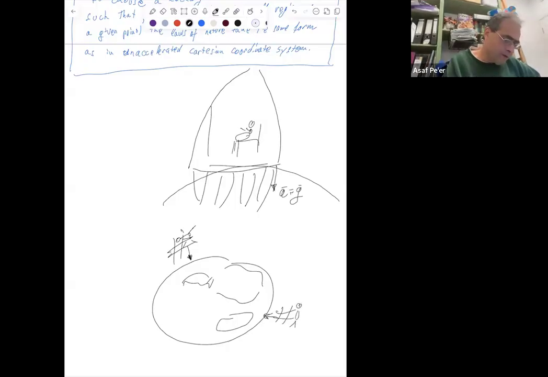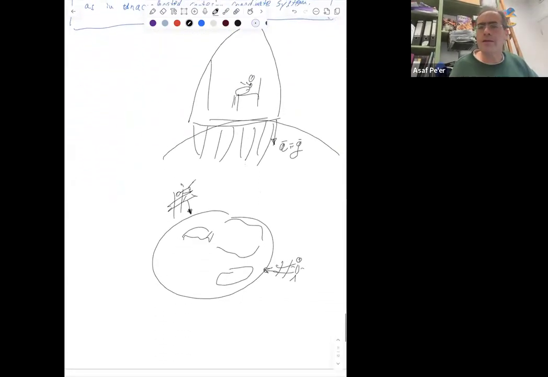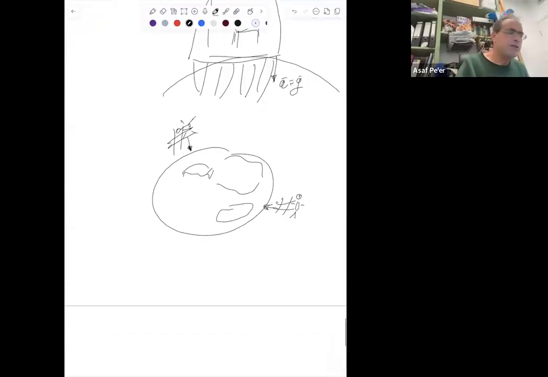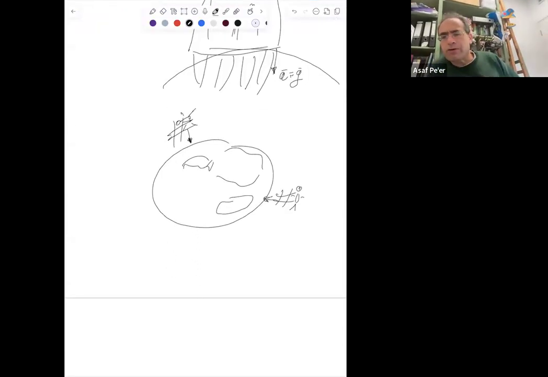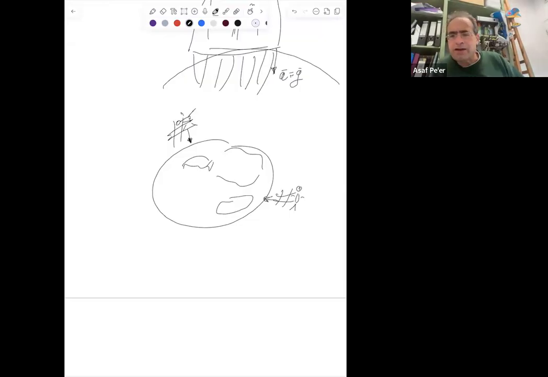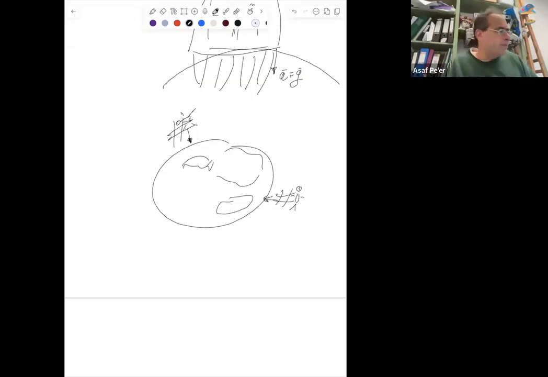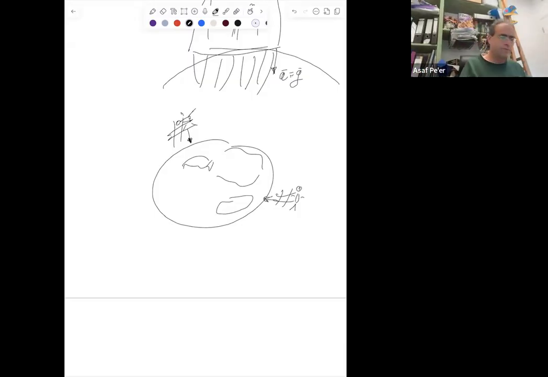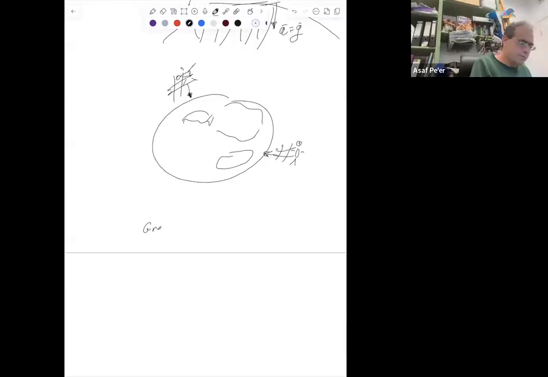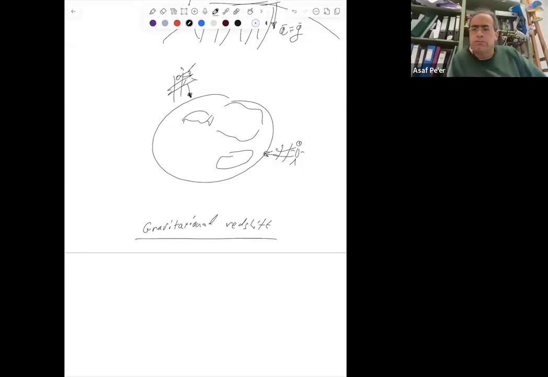Now, this is the strong equivalence principle. And I have a few more minutes and I want to use them because this is by itself enough to give us already an observational effect. So I'm going to use the last few minutes of this class to tell you about that. This is called the gravitational redshift. Don't get confused.